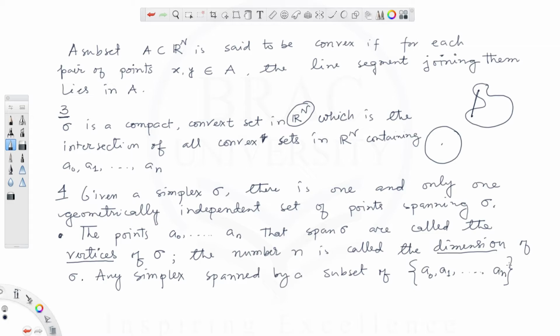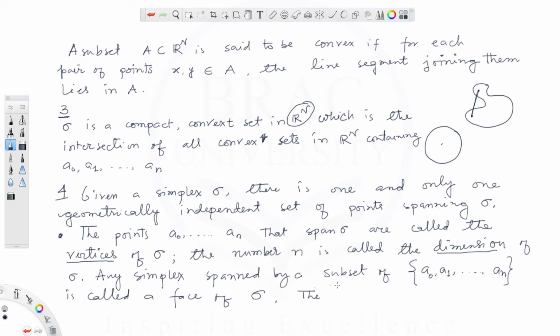If you pick any subset of these geometrically independent points in R to the n, then that subset spans another simplex, and any simplex spanned by a subset of this set is called a face of sigma.